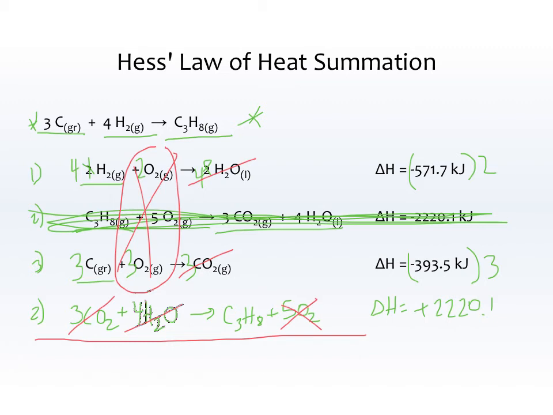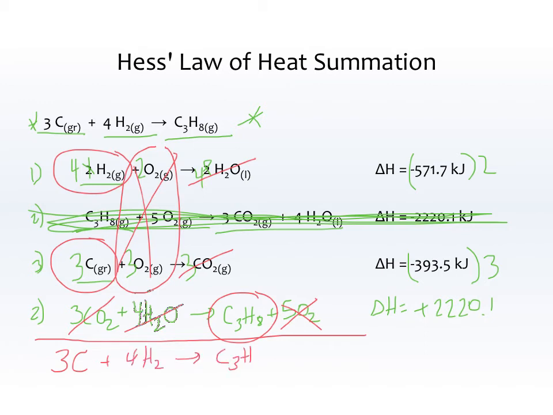Nothing else looks like it'll cancel. What's left over? 4 hydrogens, 3 graphites, a C3H8, 3 carbons, 4 hydrogens, a C3H8. Does this reaction match that one? It does! Check! The reaction's good.